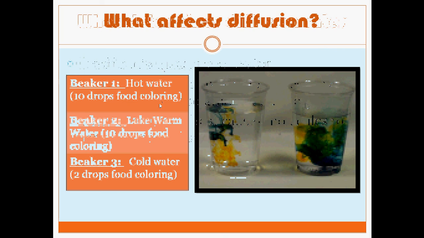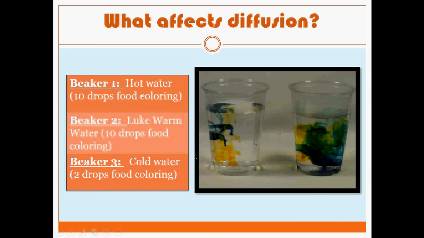If I have 3 beakers and one has hot water, one has warm water, and one has cold water in it, what's going to happen when I put food coloring in each of those? And if you look at beaker number 3, that should say 10. That 2 is a typo because we want to have the same amount of food coloring in each one. But if I have hot, lukewarm, and cold, which one do you think is going to diffuse the fastest?